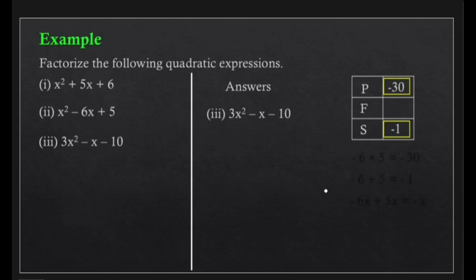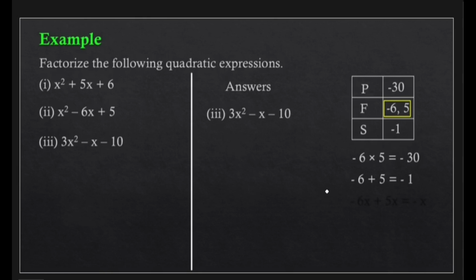These are none other than negative 6 and positive 5. For example, negative 6 times 5 gives negative 30, and negative 6 plus 5 gives negative 1.